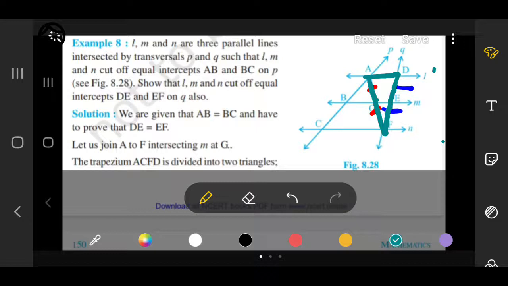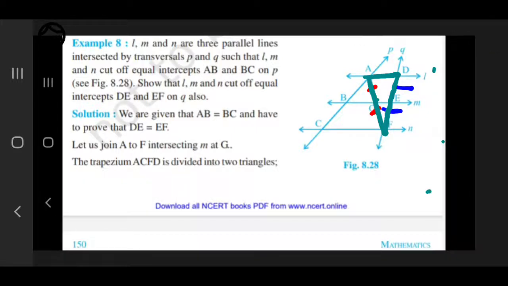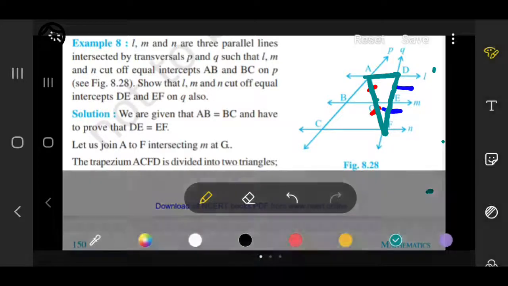Here, GE is passing through the midpoint of AF and is parallel to AD, so it bisects the third side, DF. That is, the line GE bisects DF, which means ED equals EF. That is what we had to prove. Now we proved that ED equals EF. Okay, dear children.